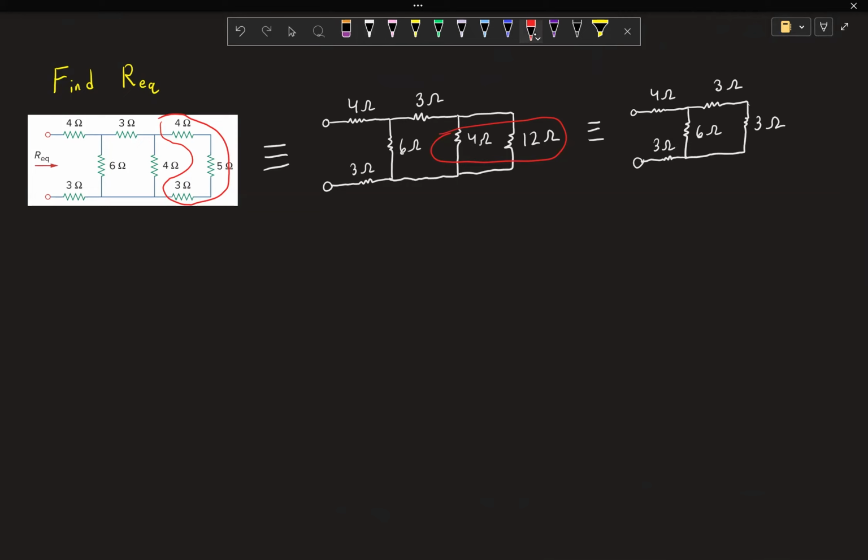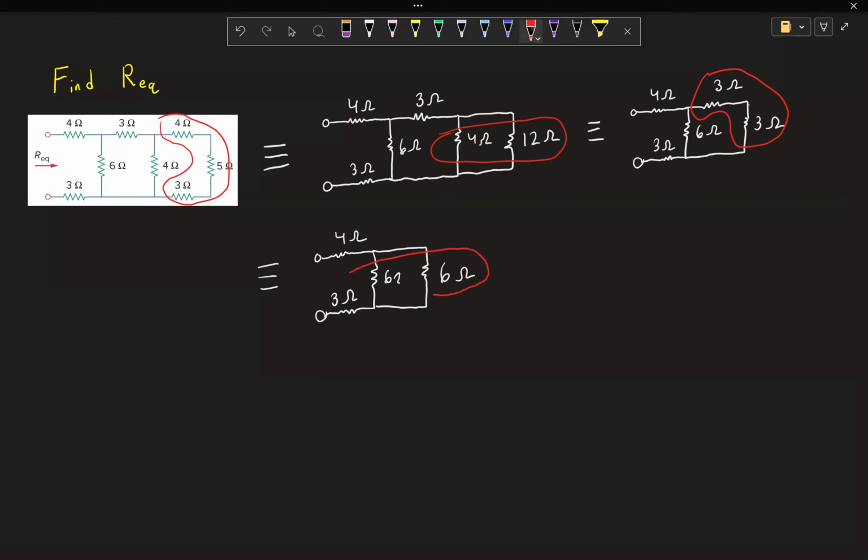And now we keep going. What are we going to replace this time? Well, these guys are in series. So we can just say 3 plus 3 is 6. There's still a 6 ohm right there. And there's still a 4 ohm and a 3 ohm.